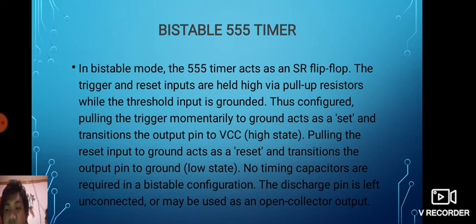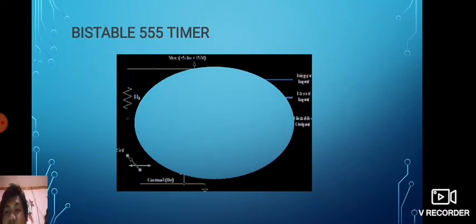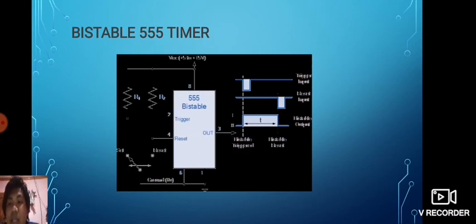Pulling the reset input to ground acts as a reset and transitions the output pin to ground. No timing capacitors are required in a bistable configuration. The discharge pin is left unconnected or may be used as an open collector output. This is an example of a bistable 555 timer.